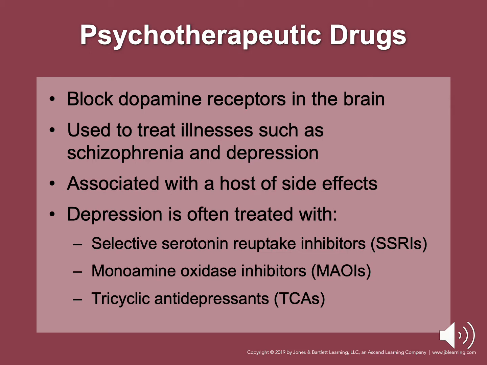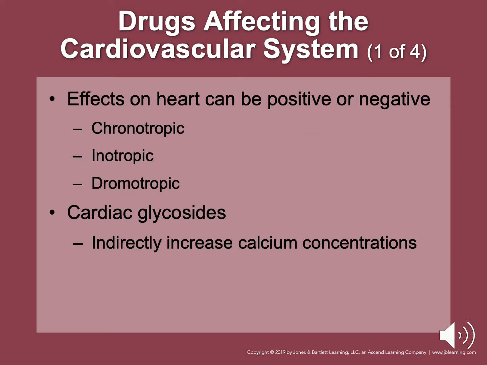All right, drugs that affect the cardiovascular system are classified according to side effects on specialized cells. Effects on the heart are categorized as follows: chronotropic, they affect the heart rate; inotropic, they change force of contraction; dromotropic, they alter the velocity of conduction and the electricity through the heart.